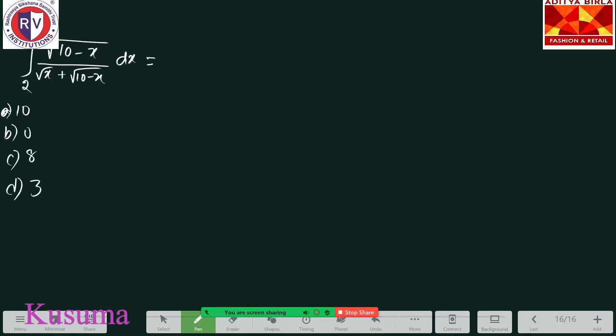So here integration from A to B f of x dx will be equal to integration from A to B f of A plus B minus x dx. So we'll make use of this property here.